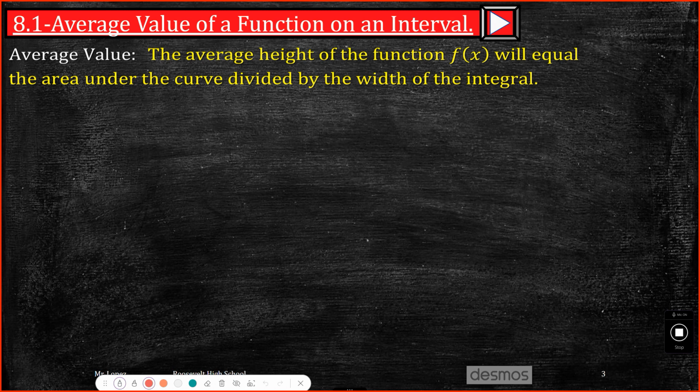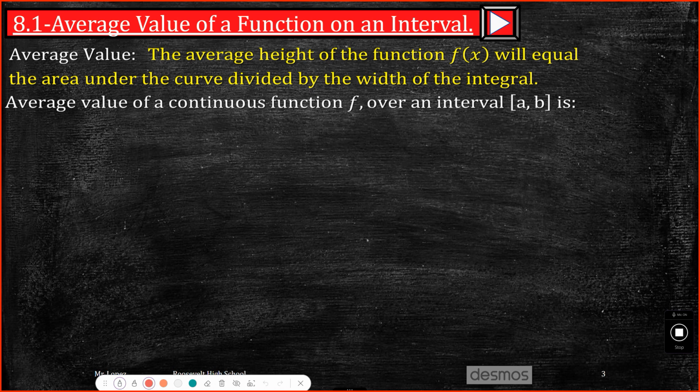The average value is the average height of the function f of x. So you're like, what does this all mean?